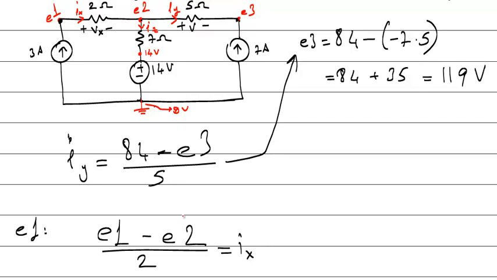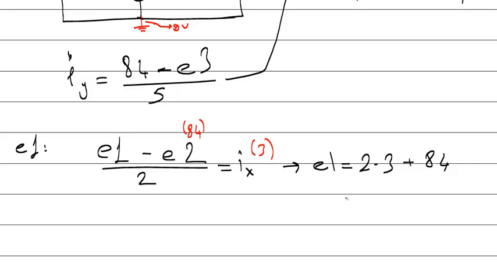And you know this is 84. You know this. So you can easily find E1. E1 will be 2 times 3 plus 84, which is equal to 90 volts.